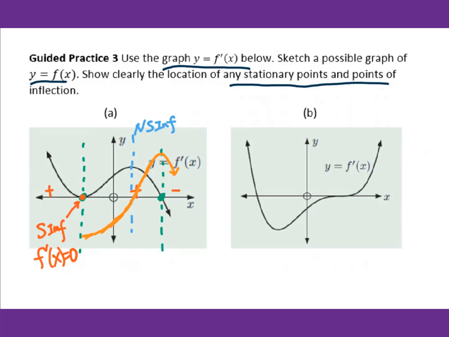This one still is a stationary inflection. Therefore, that will be what the graph looks like. We know this is an inflection point and this is an inflection point.